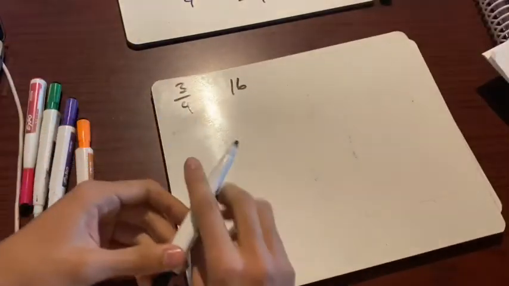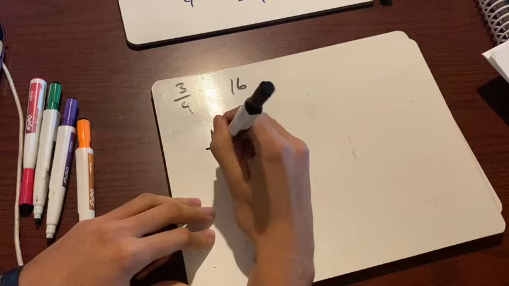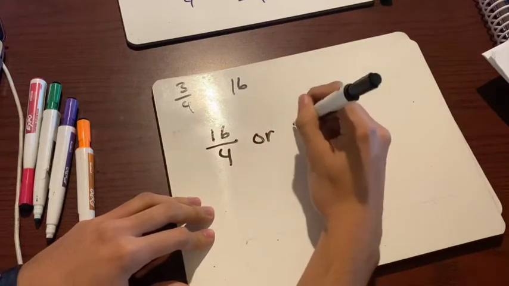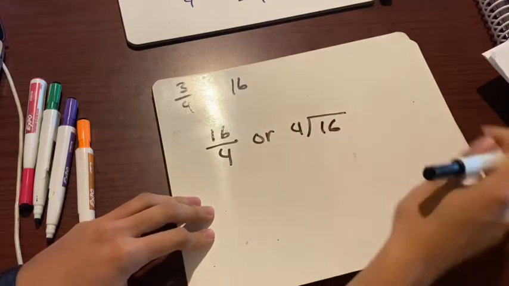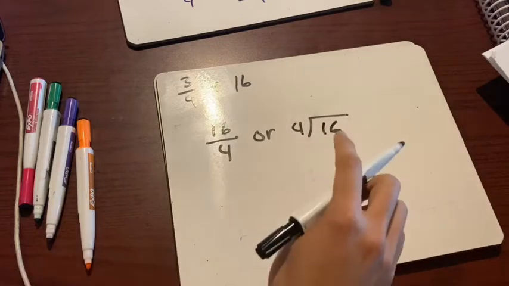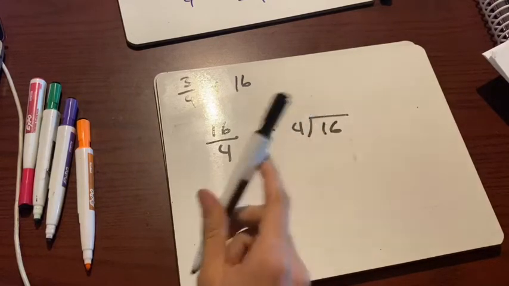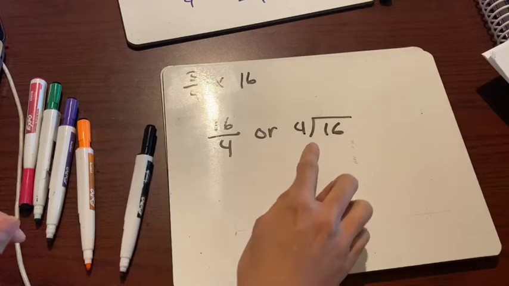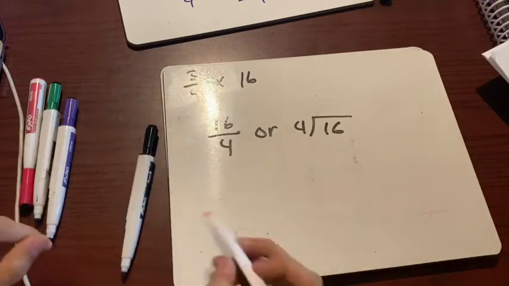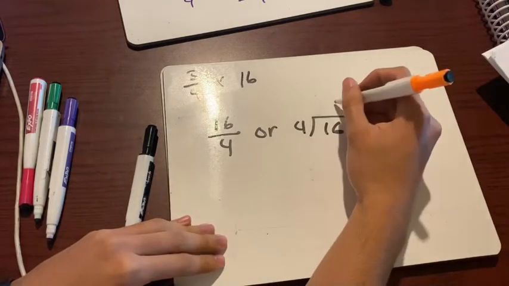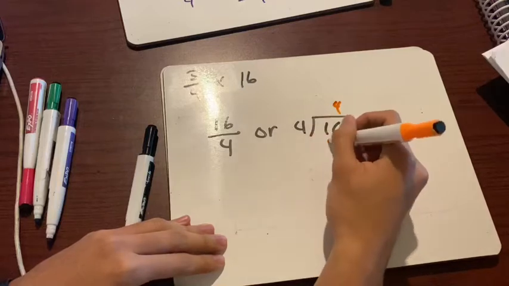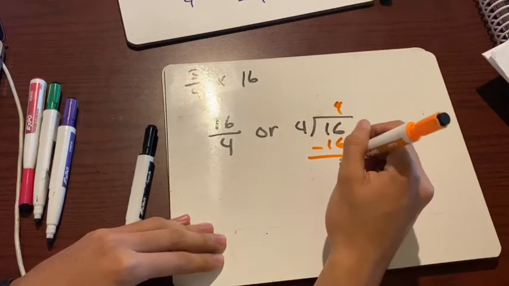So that tells me I have to divide 16 divided by 4. Okay, so 4 goes into 16 how many times? 4. 4 times 4 is 16. 16 minus 16 is 0.